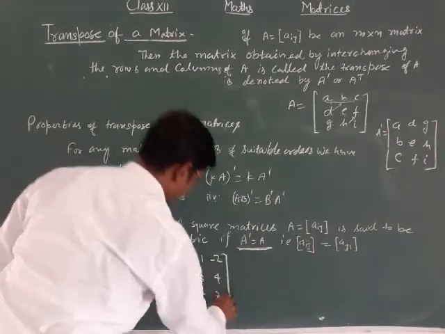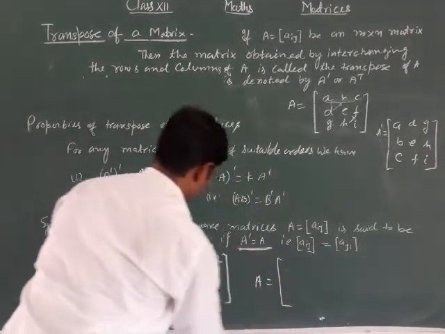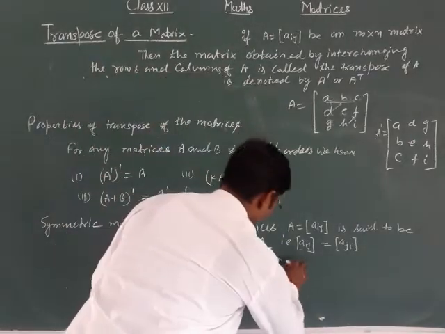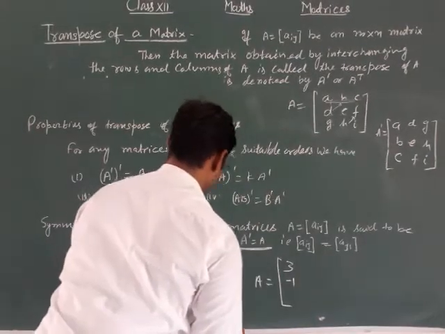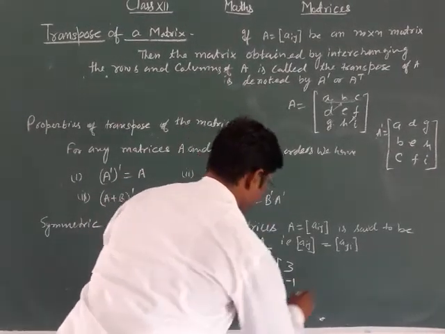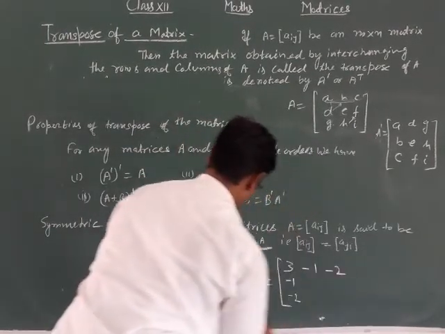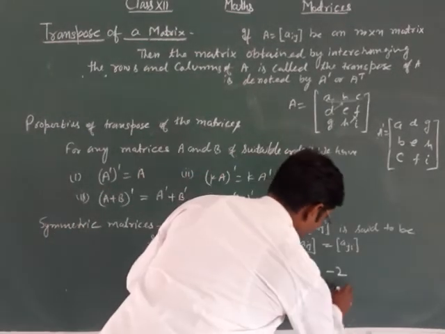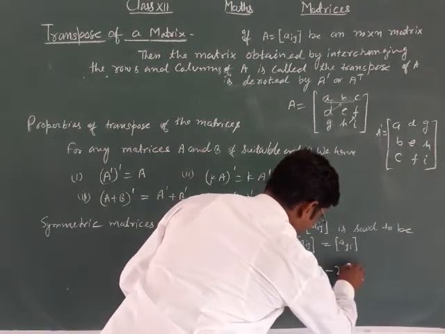So A dash is equal to, row to column, column to row: 3, then 1, minus 1, minus 2, minus 1, minus 2, 3, 4, 4, 2.